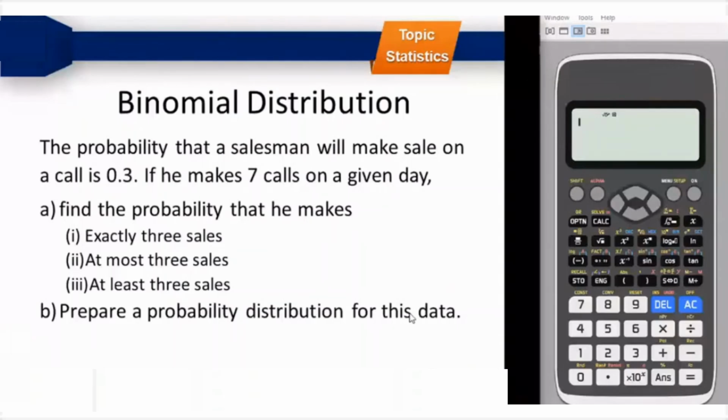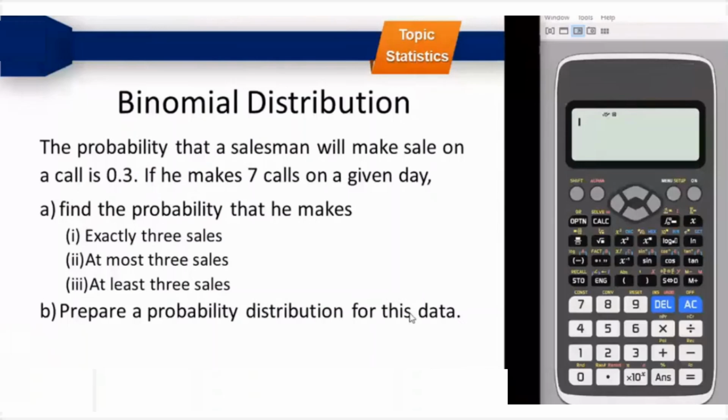If the probability of a favorable outcome is 0.3, then the probability of an unfavorable outcome will automatically be 1 minus 0.3, that is 0.7. And we need to find the probability that he makes exactly 3 sales, at most 3 sales, at least 3 sales, and we need to make the probability distribution for this data.